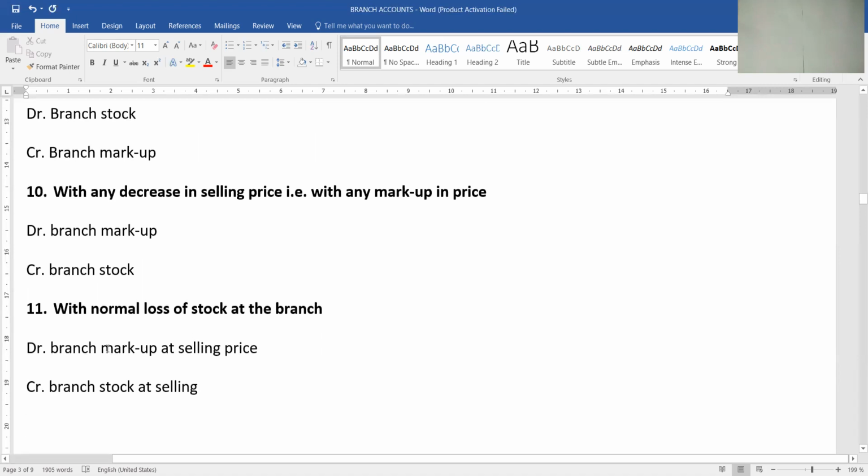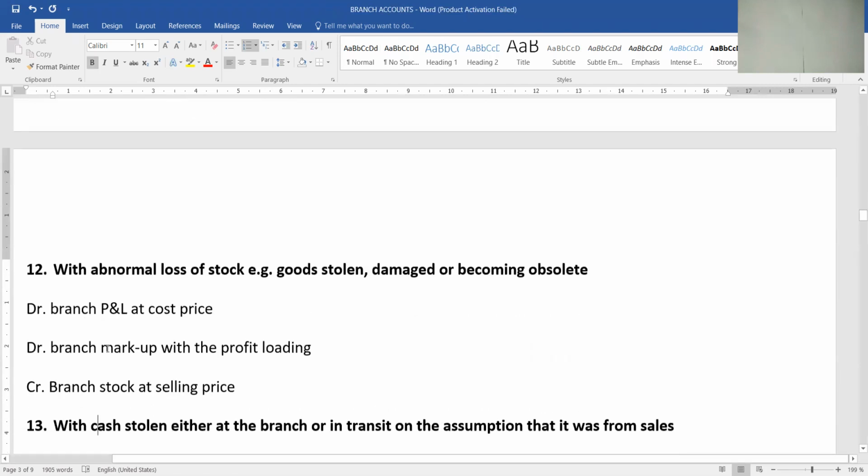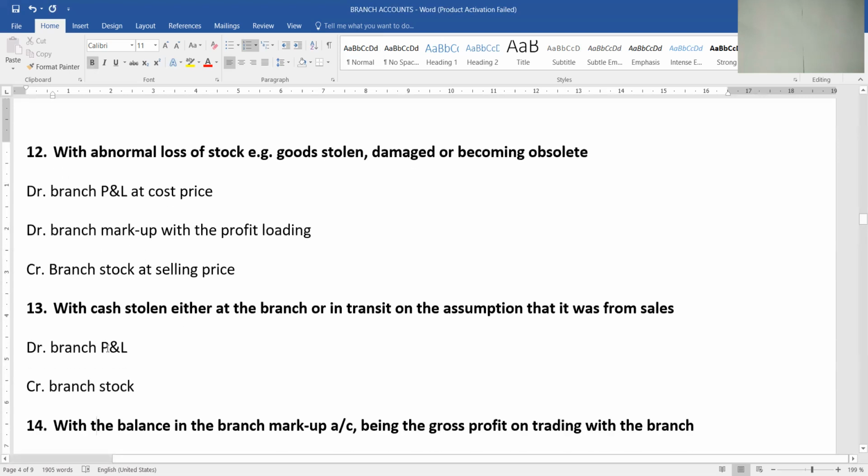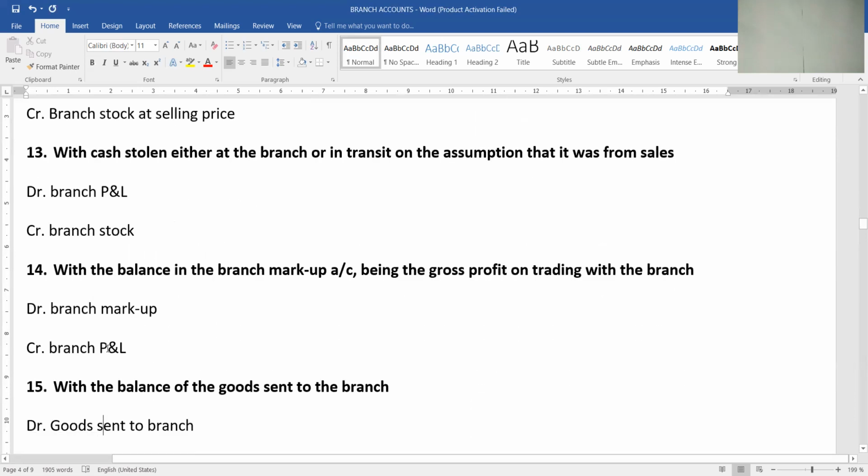So with normal loss of stock at the branch, you debit branch markup at selling price, you credit branch stock at selling price. Then with abnormal loss of stock, each good stolen, damaged or becoming obsolete, debit branch profit and loss at cost price, then debit branch markup with the profit loading, credit branch stock at selling price.